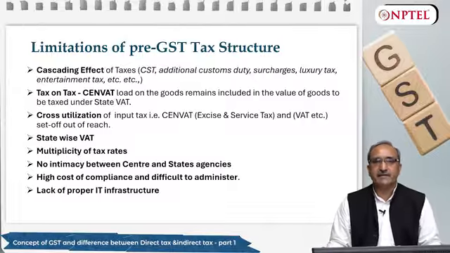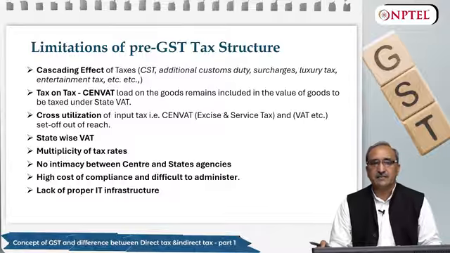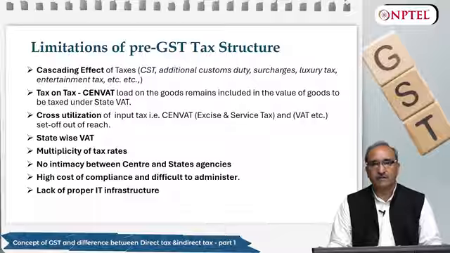So uniformity in the rates of taxes of each and every product and service was brought by GST. This reduced a lot of litigation, reduced a lot of confusion in the minds of stakeholders, and also helps the economy grow by having simplification in the system.